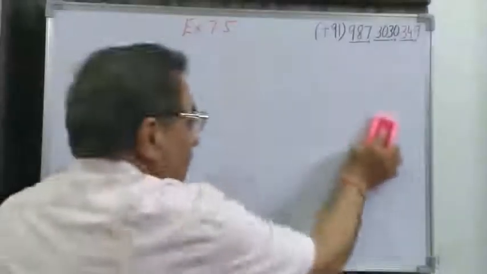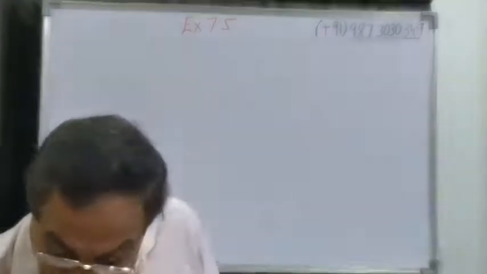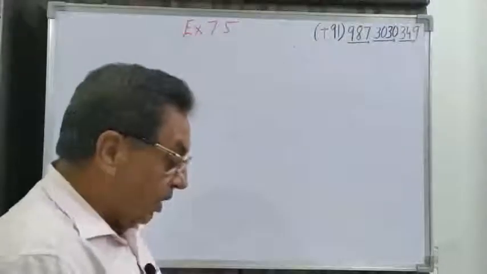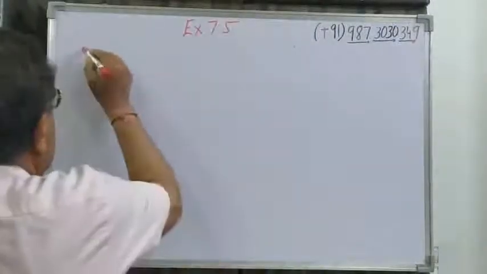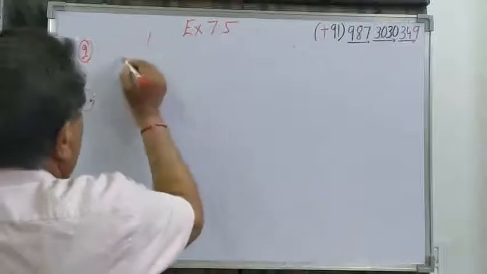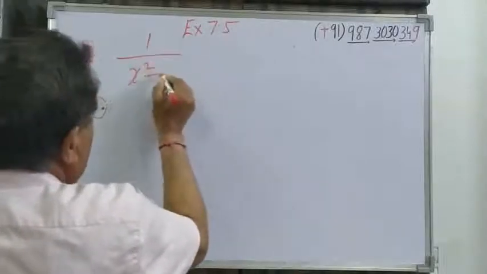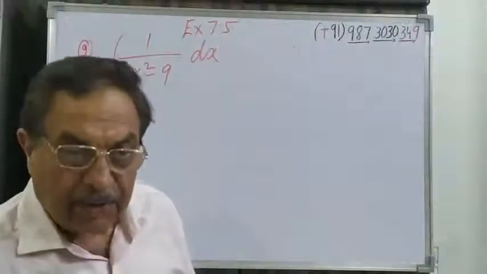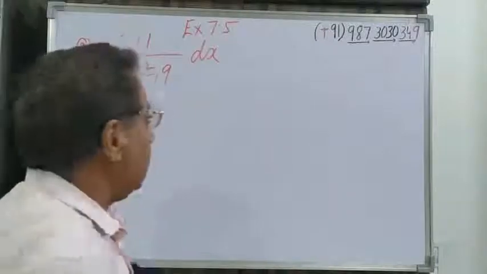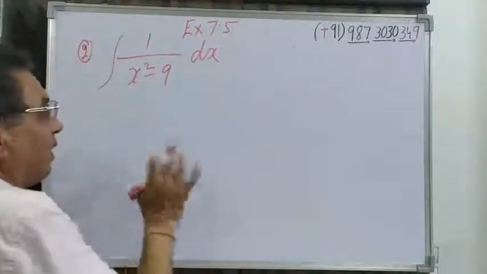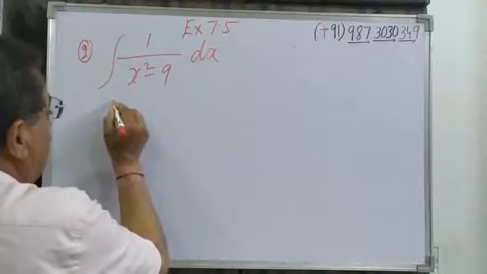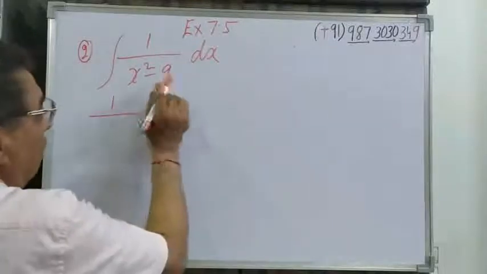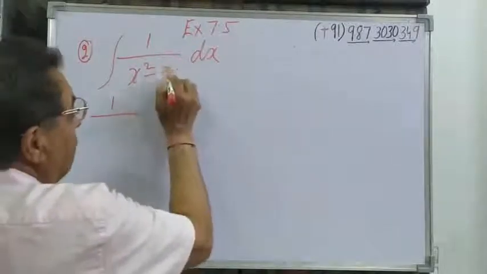The second question is 1 upon x square minus 9, integrate this with respect to dx. Now, I told you, in case we have linear factors in the denominator, it is a quadratic but factorizable. So I can write 9 as 3 square.